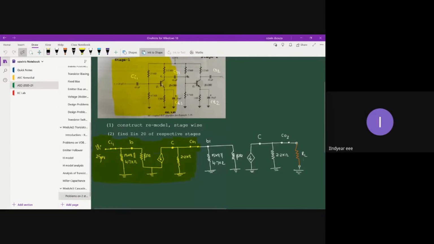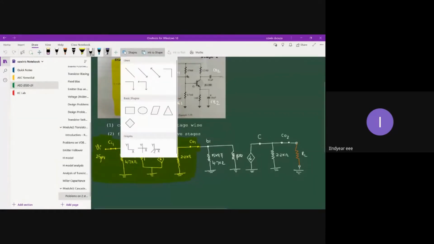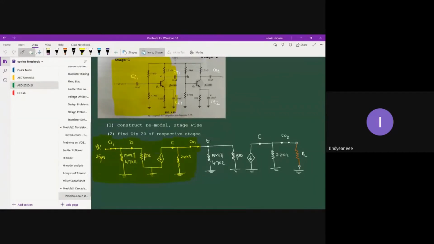The transistor Q1 is being replaced with the RE model, that is beta RE being the input impedance of the transistor, and this is beta IB, where IB is the base current of the first transistor.